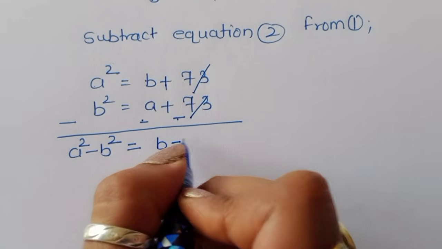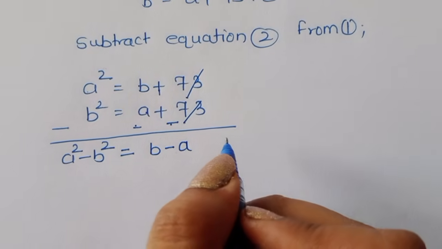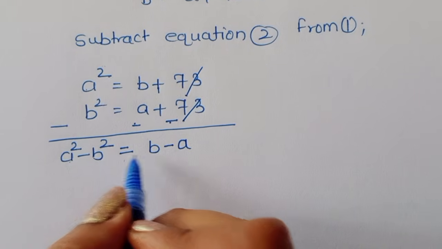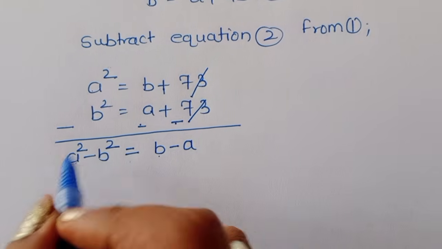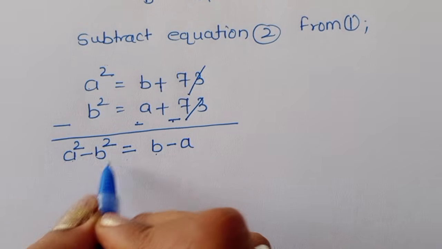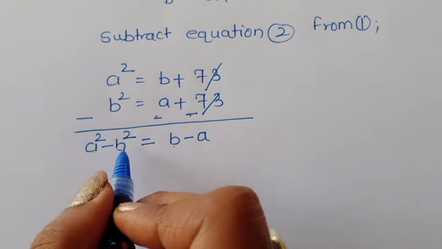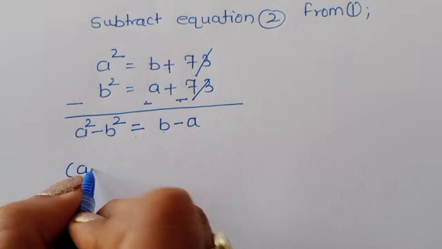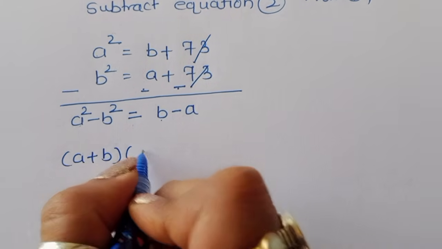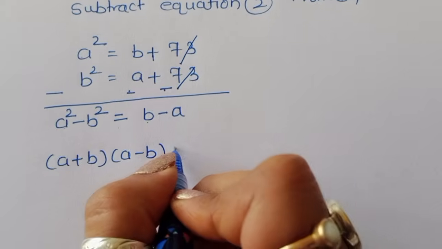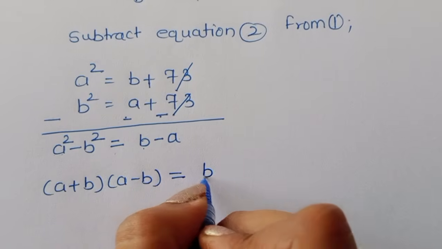So we got a square minus b square is equal to b minus a. We can use the formula a square minus b square is equal to a plus b times a minus b. So we can write a plus b times a minus b is equal to b minus a, right?